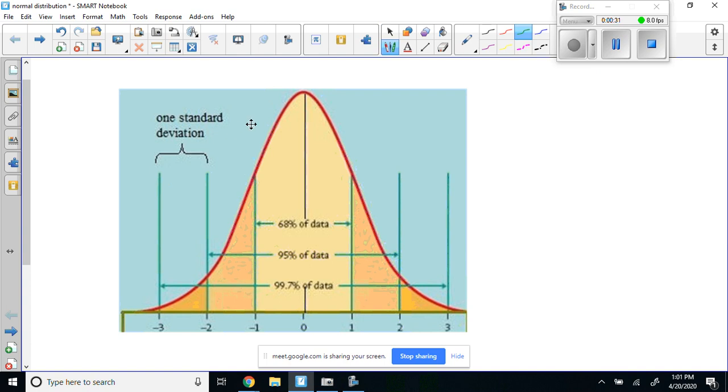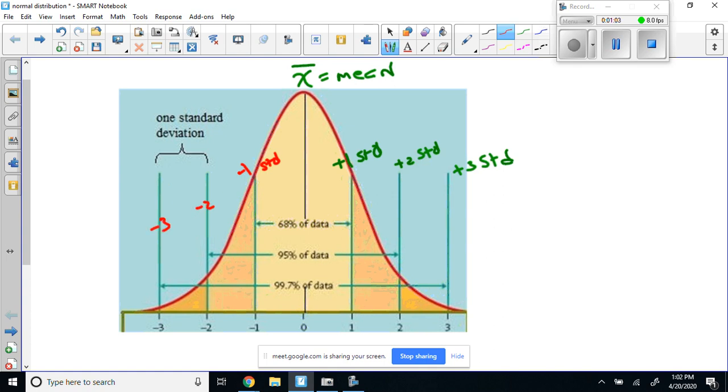So this is X bar, which is the mean of your data set. Each one of these would be +1 standard deviation, this would be +2 standard deviations, and this would be +3 standard deviations. Of course, the other side would be negative 1 standard deviation, right?